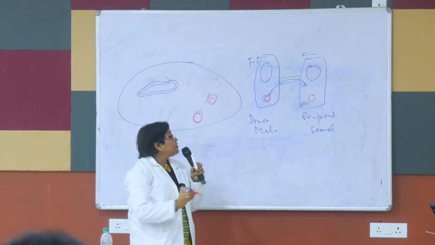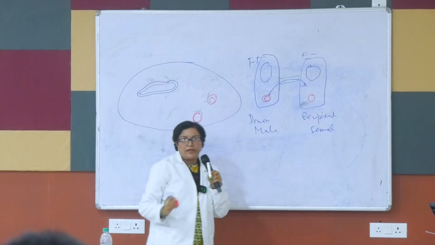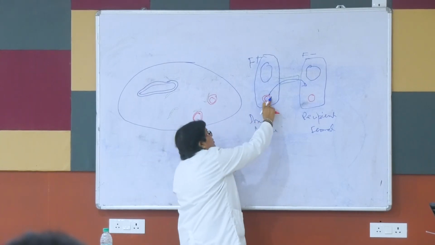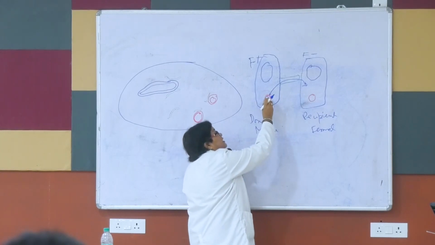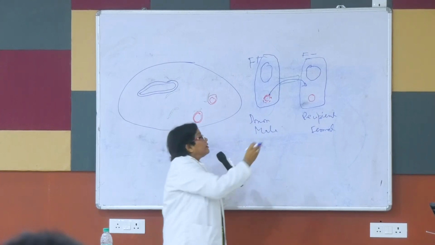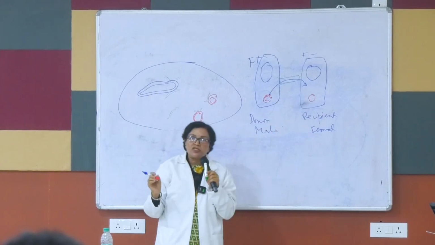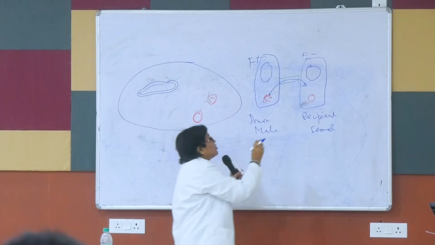What happens? First, one strand is going, so there is missing of one strand, but at the same time there will be formation of the complementary strand, and where one strand is passed, there will also be formation of the complementary strand.